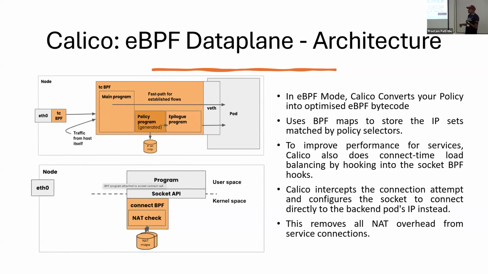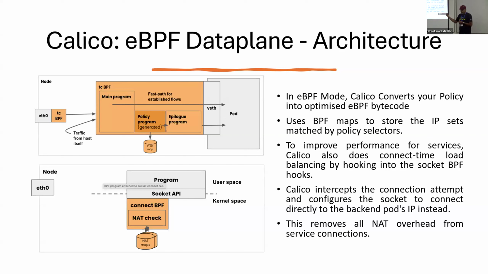And Calico uses eBPF to store the IP sets that match the policy selectors that you have defined in Kubernetes, right? So to improve performance, Calico does connect-time load balancing by hooking into the socket eBPF. By hooking into the socket eBPF, it can do connect-time load balancing and send to the program directly, which Dushyant was talking about with the socket maps, right?